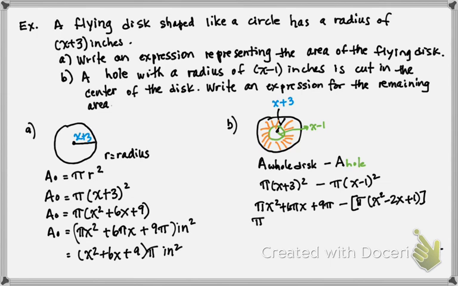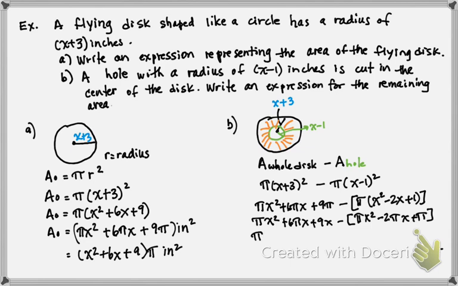I'm going to start by distributing that pi, so then I'm going to have pi x squared minus 2 pi x plus pi.